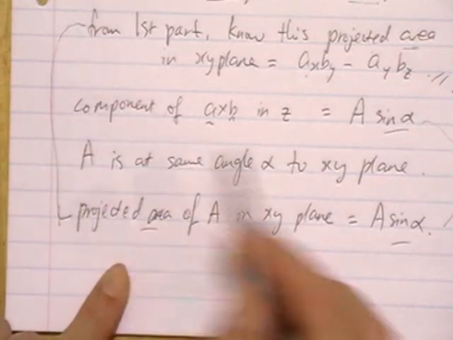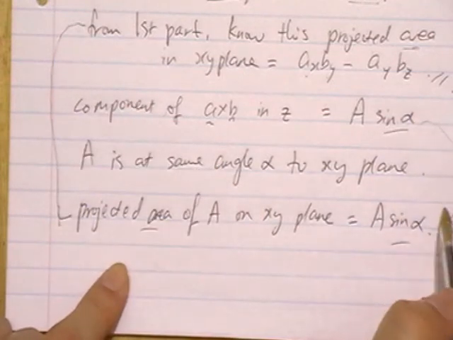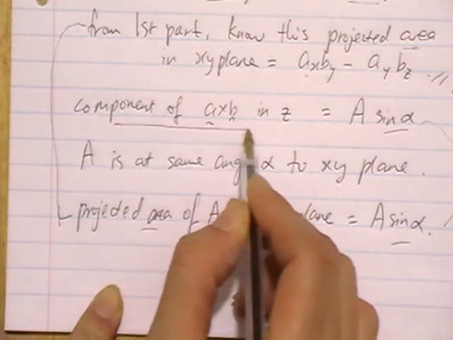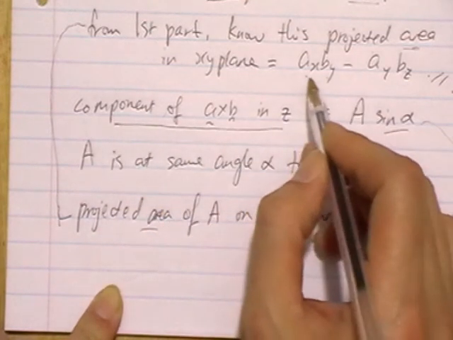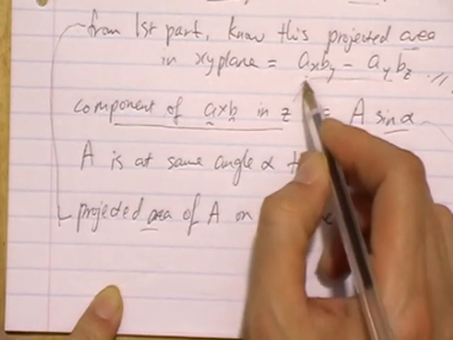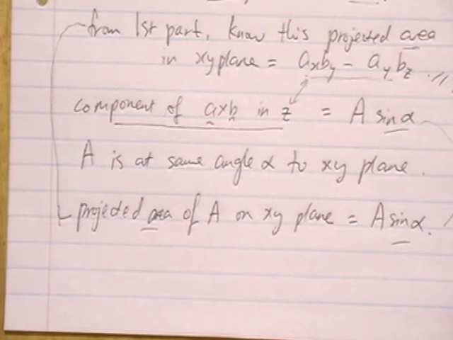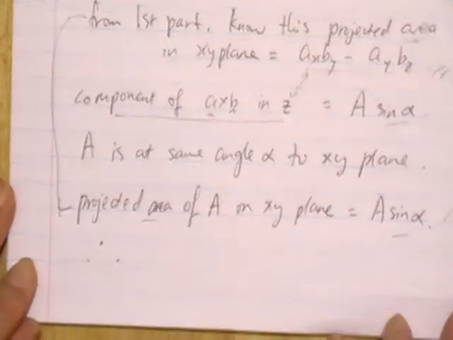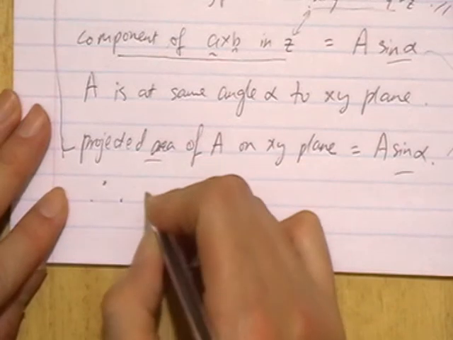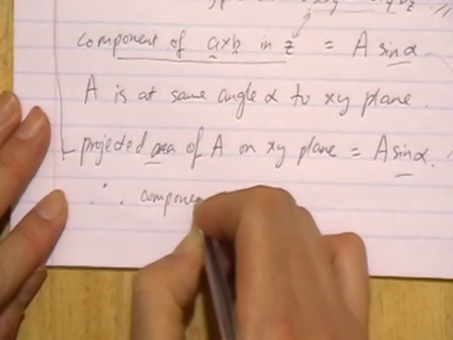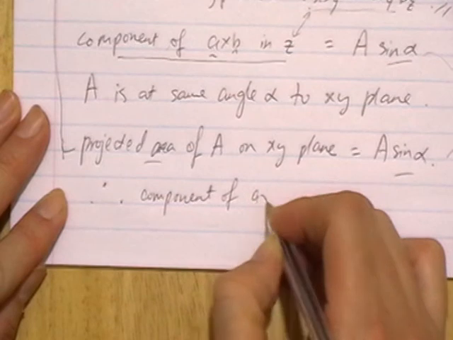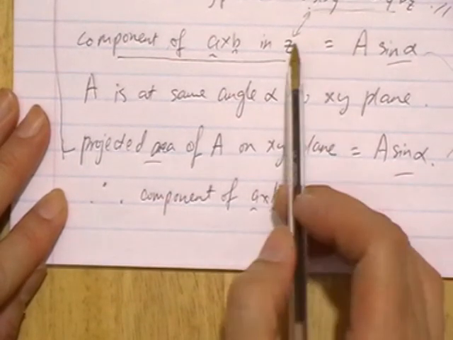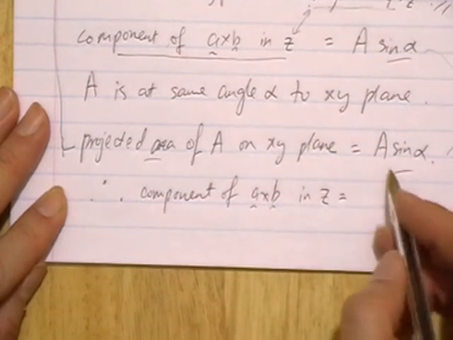Combining these two results and these two results, we can finally say that this component of A cross B in the z direction is equal to this. We can finally bring those two together. So therefore, the component of A cross B in z is equal to this.